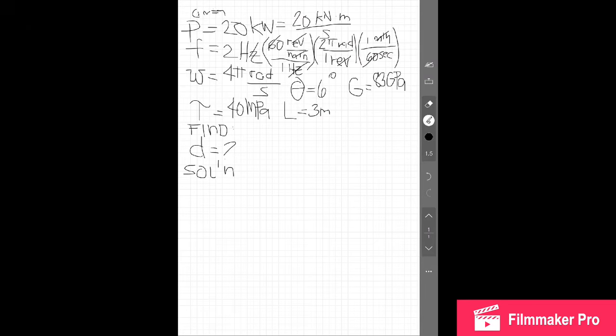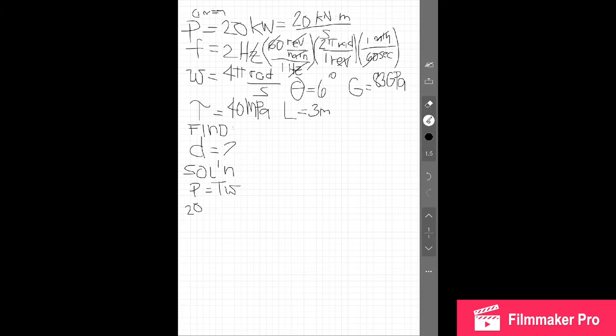So ang power mo has a formula as torque multiplied by the angular velocity. So we have the value of power na 20 kilonewton meter per second. So ang gagawin natin, convert natin to newton mm.